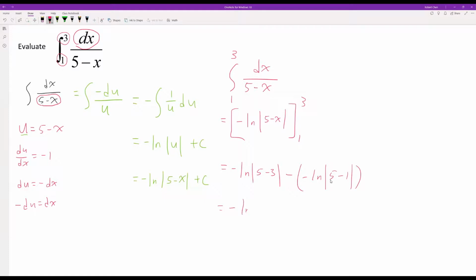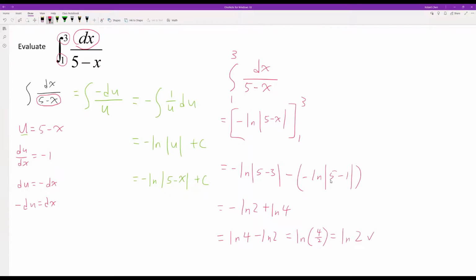That's negative ln 2 plus ln 4. If we rewrite this a little bit, we get ln 4 minus ln 2. By the quotient rule of logs, we can rewrite this as ln of 4 over 2, which is equal to ln 2. And that's our final answer.